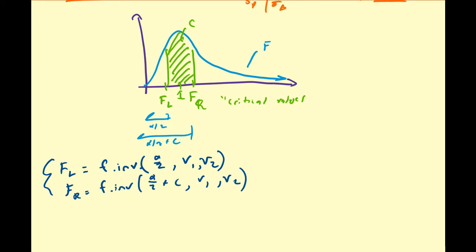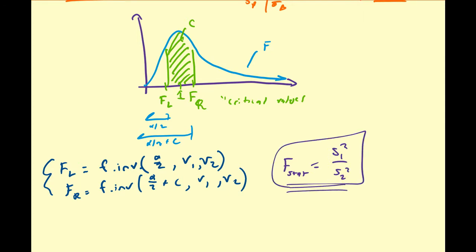If you want to approach this from the test statistic perspective, you can calculate the test statistic, which is going to be equal to S1 squared divided by S2 squared. And you can see whether this number, F stat, lies in between the critical values. If it lies within the critical values, then you fail to reject the null hypothesis. If it falls outside of the interval, namely above or below these numbers, then that would be the rejection region.